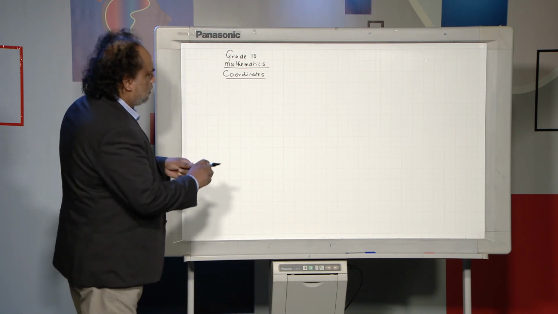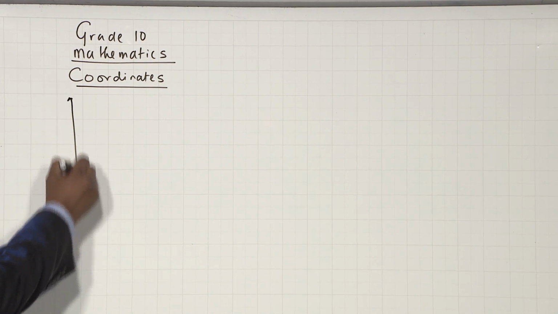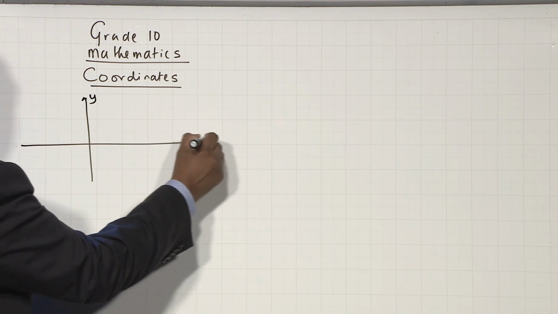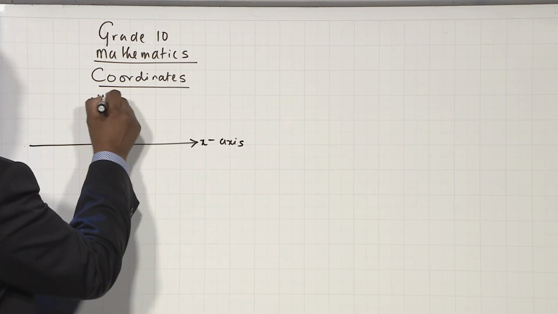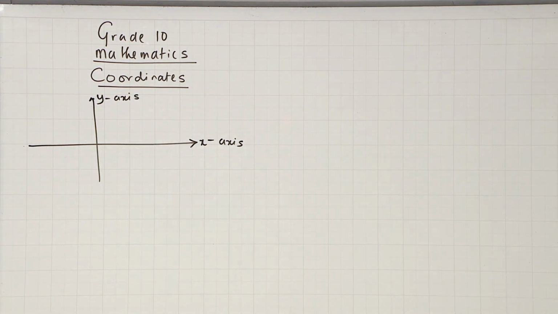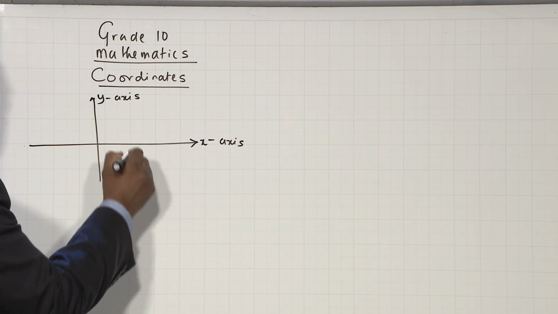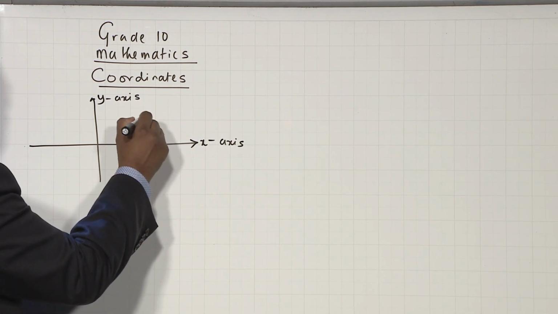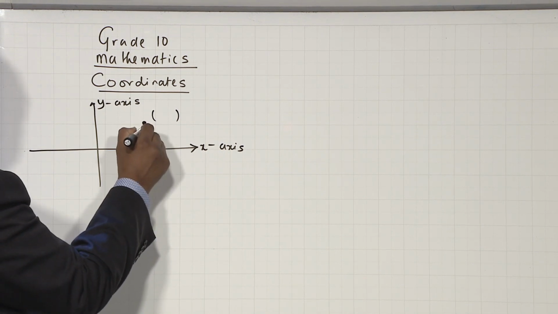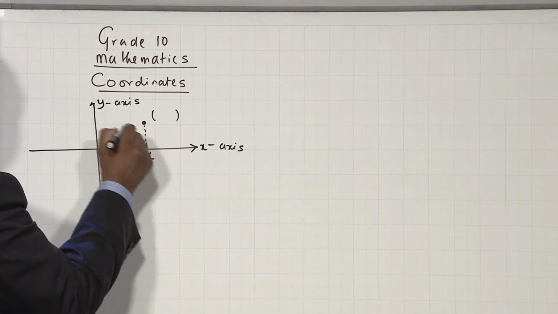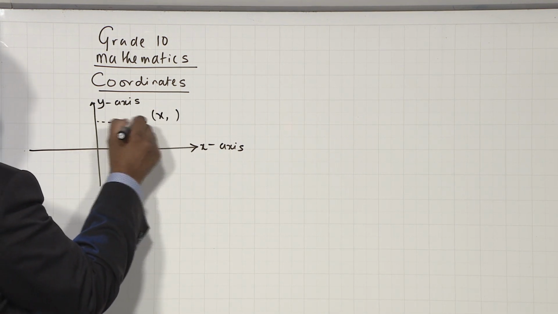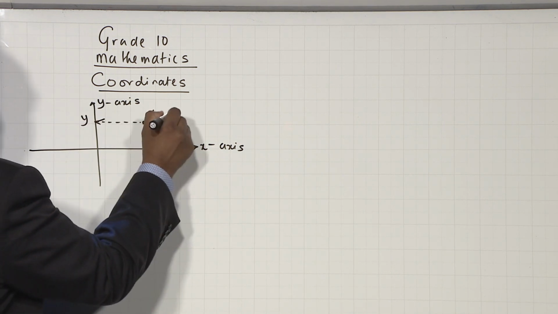From primary school, you have been informed about the axes, the x-axis and the y-axis. You have been informed that usually a point is described by its x-coordinate and its y-coordinate.